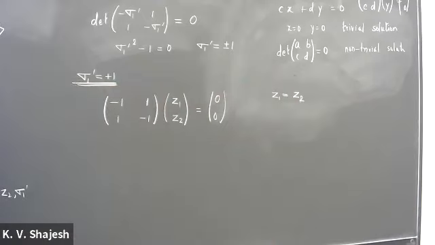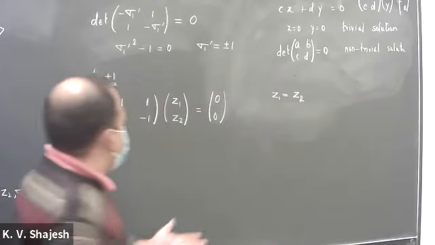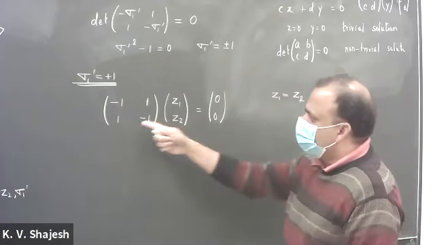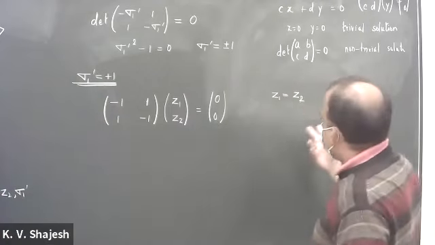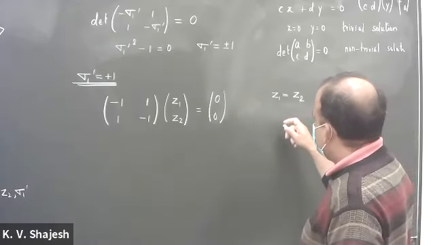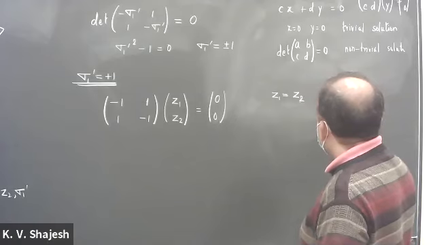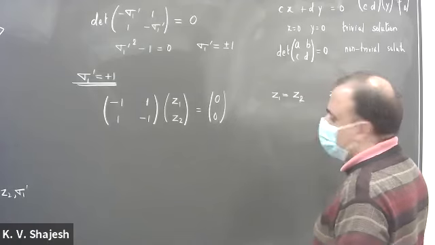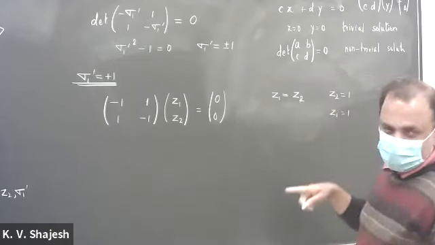Give me a solution of this. I want to find an eigenvector which satisfies this equation. Pick any one. For example, let me set z2 equal to 1, and then z1 is also equal to 1. So 1, 1 is a solution.